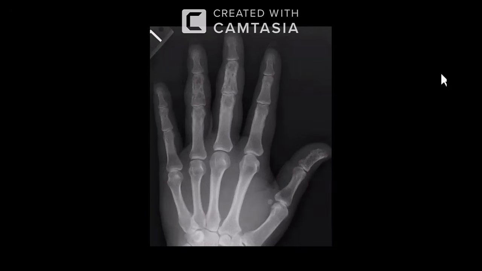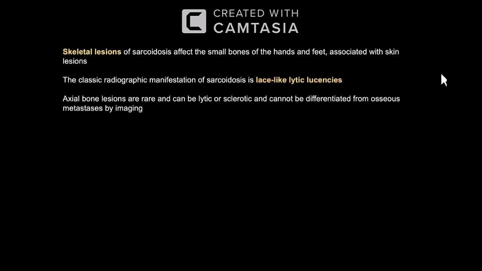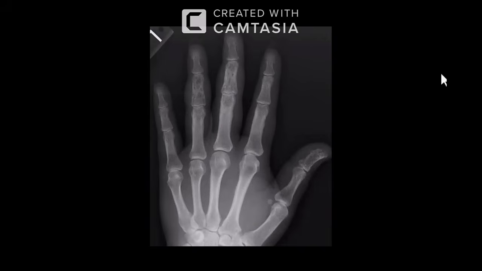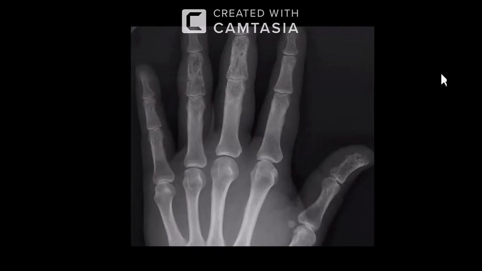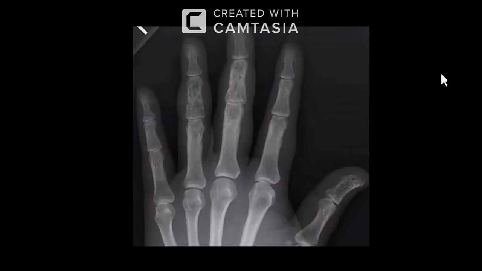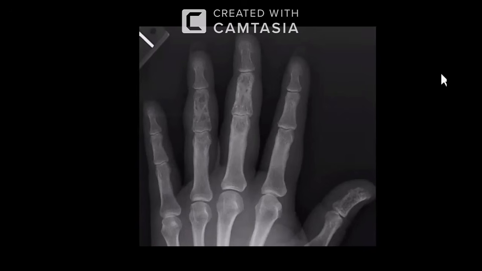Okay, good. So yes, this was a case of sarcoidosis. What you see here is a typical lace-like pattern, predominantly involving the mid phalanx, particularly the third and fourth.